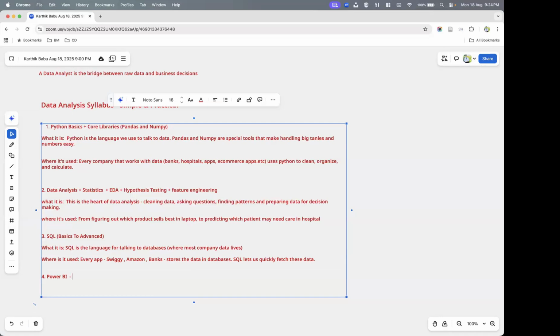That is why this reporting tool, or dashboard tool, is very, very important for a data analyst.